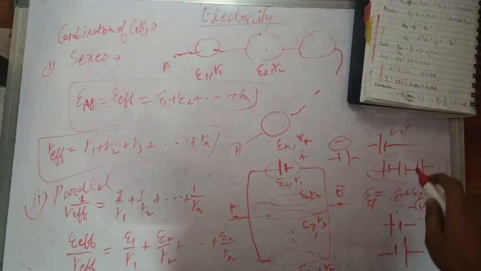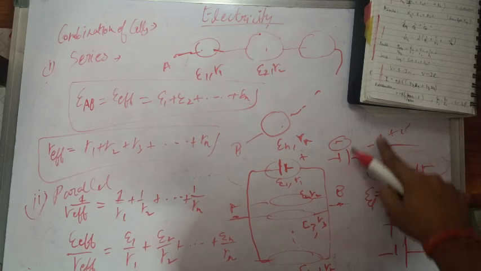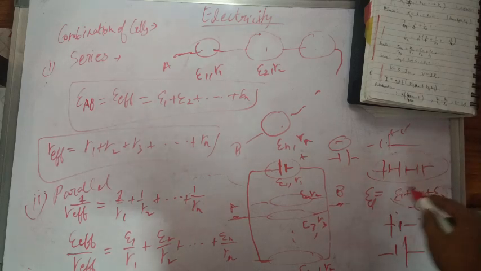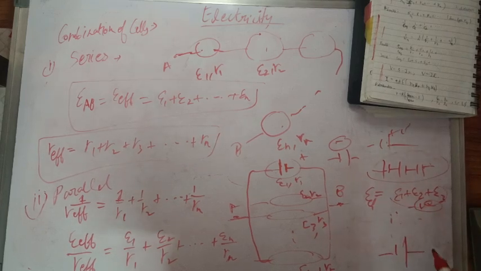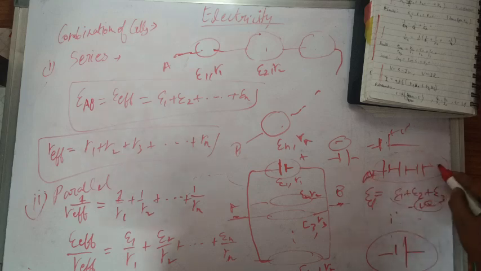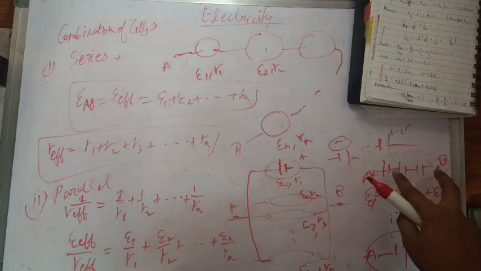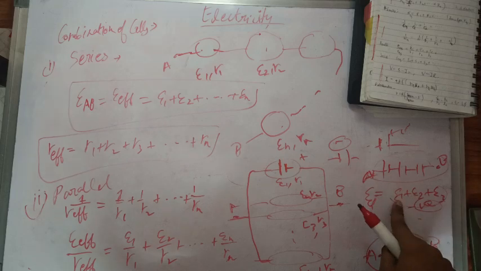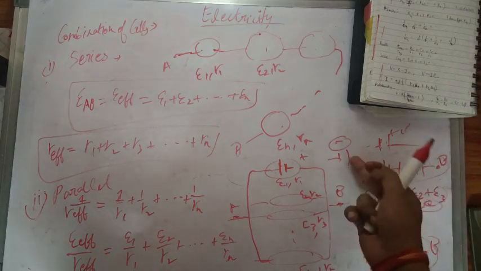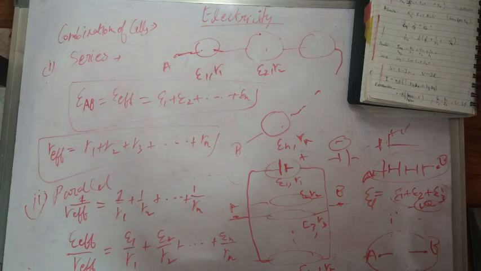And if I take this arrangement as positive and this value turns out to be positive, then the resultant cell will look like this, same as the arrangement I have chosen. This is the A end, this is the B end. If the sum of all these EMFs turns out to be positive, then the resultant cell will also be of the same arrangement. If the sum becomes negative, then the arrangement of the cell will become opposite, means this way.